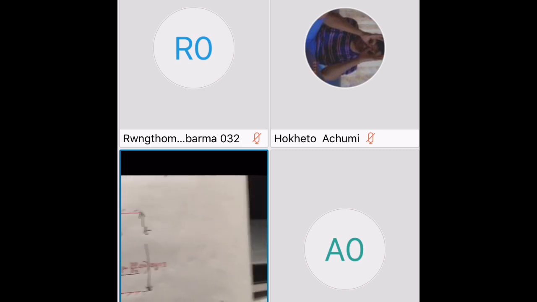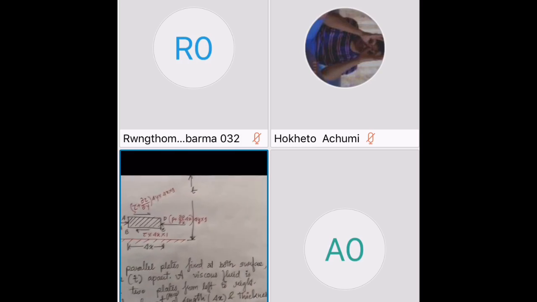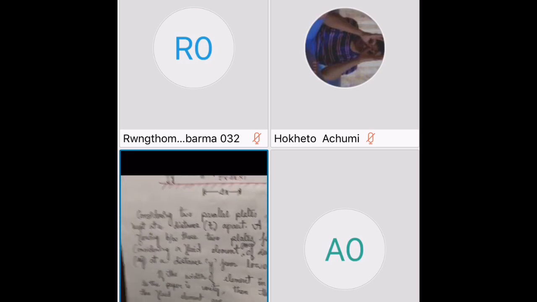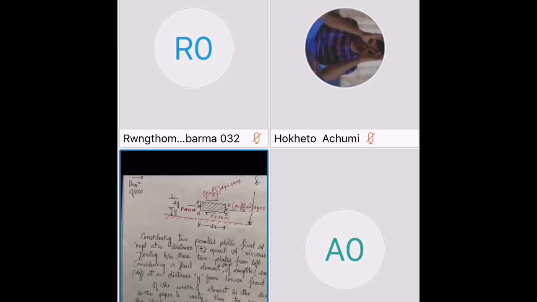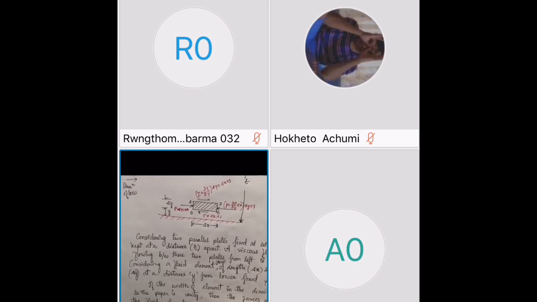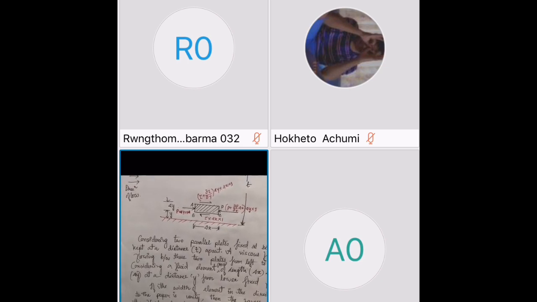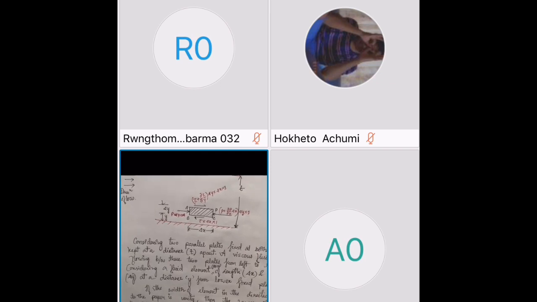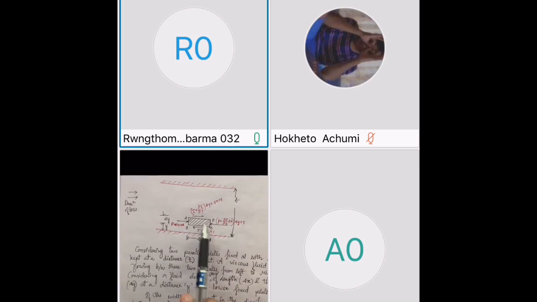So you can mark this equation as equation number 1. Using this equation, we will find velocity distribution, shear stress distribution, maximum velocity, and the ratio of maximum velocity to the average velocity, okay.